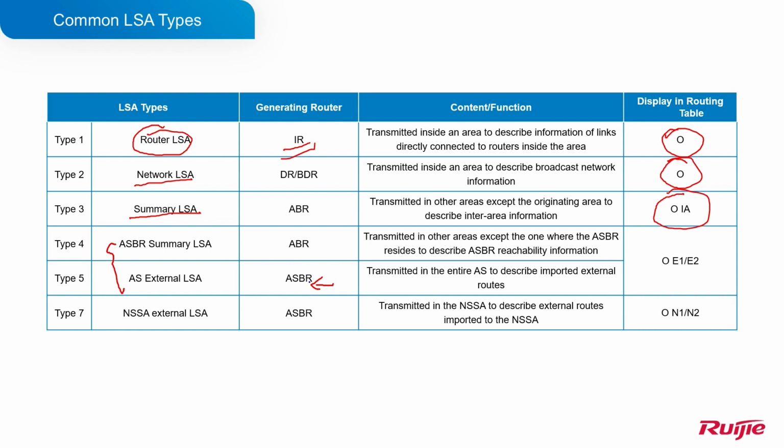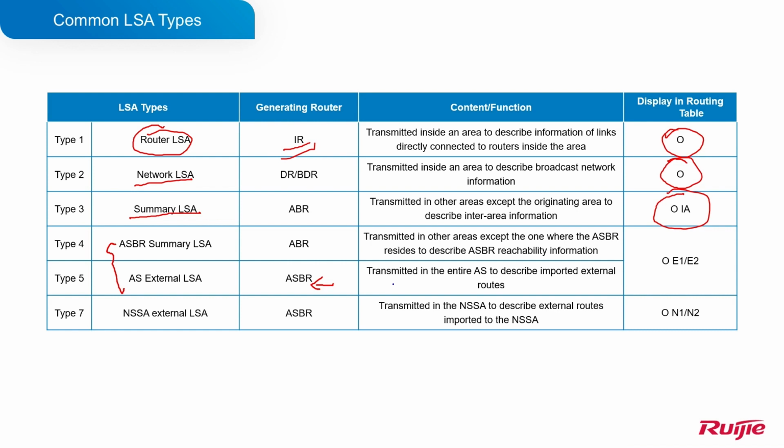The ASBR device can generate the external routing information, and then we add this external routing information to become the type 5 LSA information, and then transmit it to other areas, maybe from the non-backbone area to the backbone area, and then the backbone area transmits to another non-backbone area.